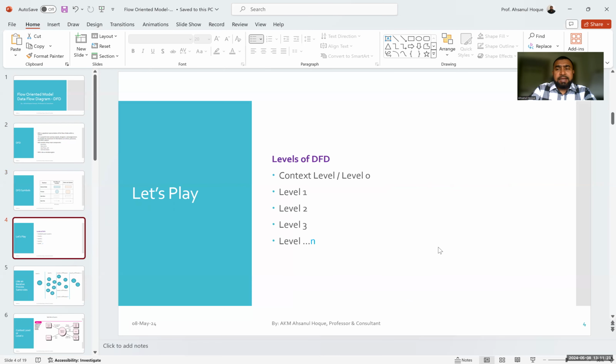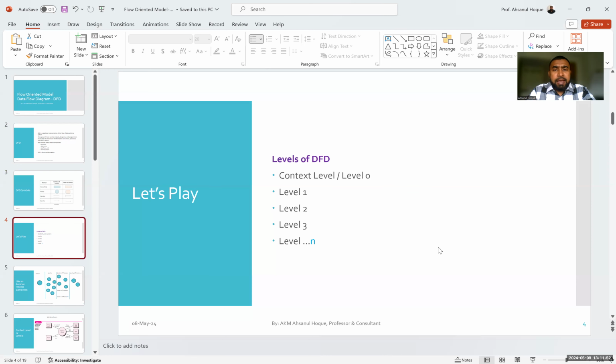As I say, the data flow diagram is like a game. In computer games we have different levels, level one, level two, level three, and the levels get harder. Here it is not harder but more complex, because we start with level zero, which is also called the context level diagram.